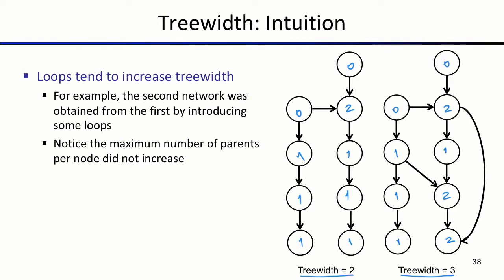So if we look at the maximum number of parents per node, this continues to be 2 for both networks. But because we introduced some loops, the tree width of the right network is 3 and the left one is still 2. Let's continue looking at a few more examples.